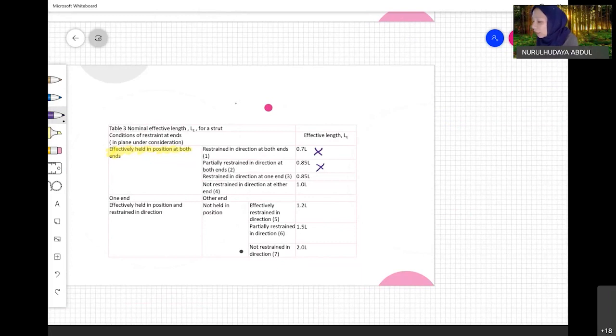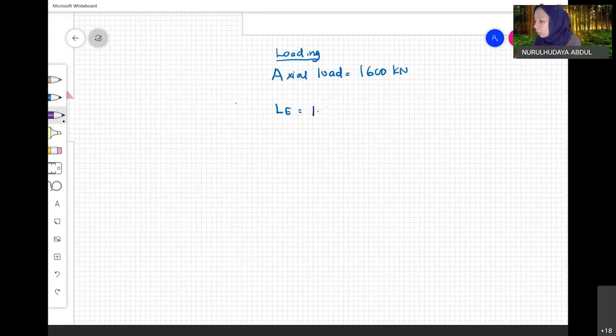Not restrained in direction at either end means both ends are not restrained in direction. So this is the one, 1.0 L. So 1.0 times 7 meter, you get 7 meter as well. So that is the effective length.